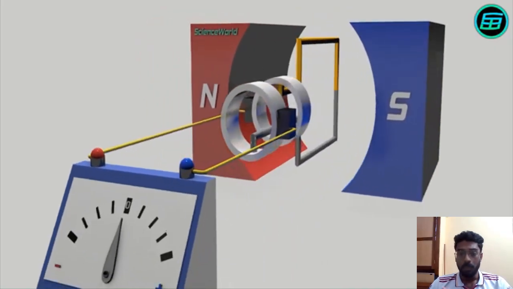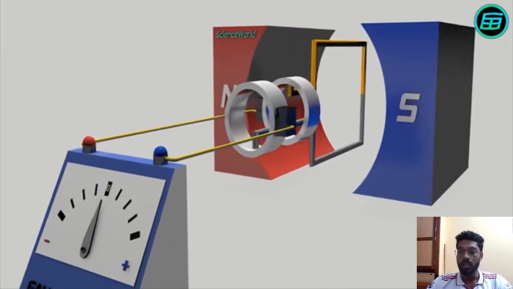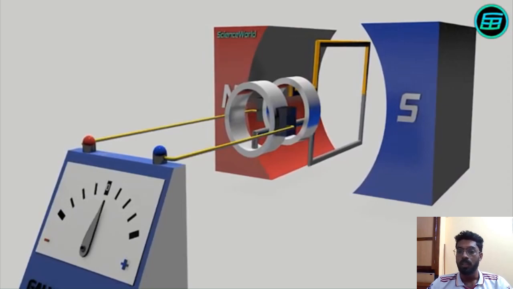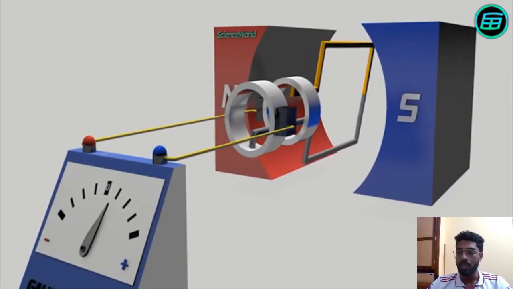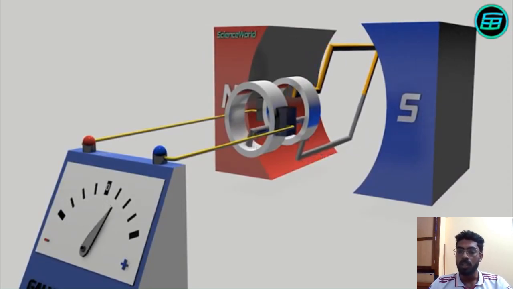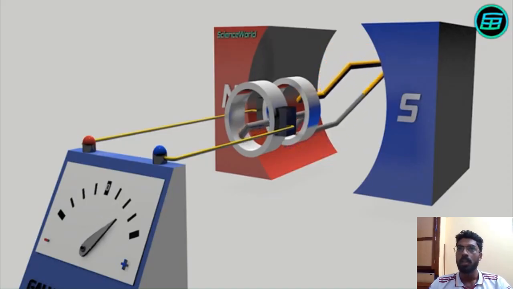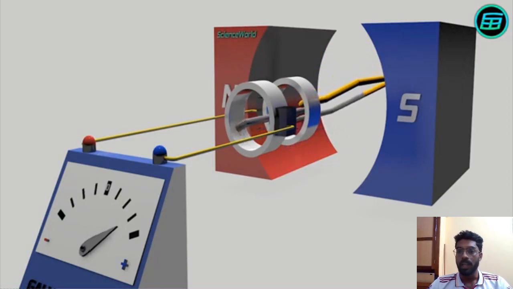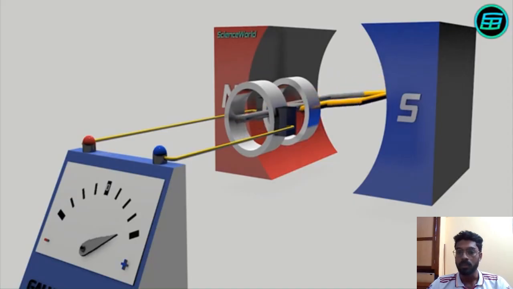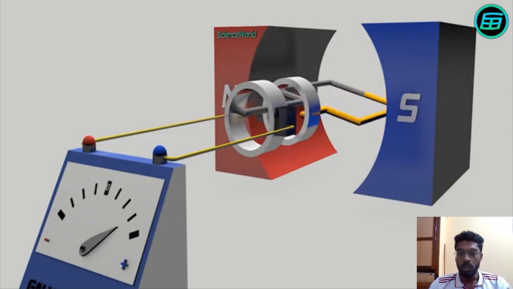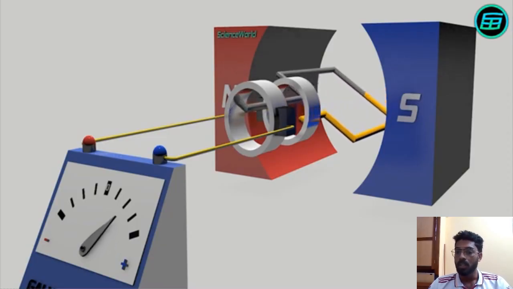So how does this armature rotate? We can do the rotation in many ways. For example, earlier we have seen connecting a fan to this armature. In hydroelectric power plants, dams or reservoirs, we can connect this to a turbine, and when water falls through the turbine, the armature rotates.